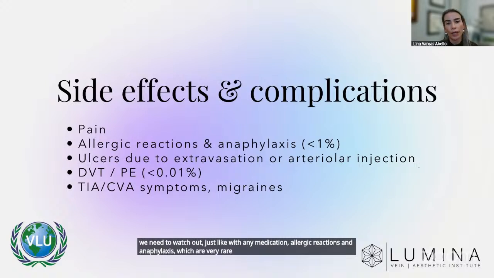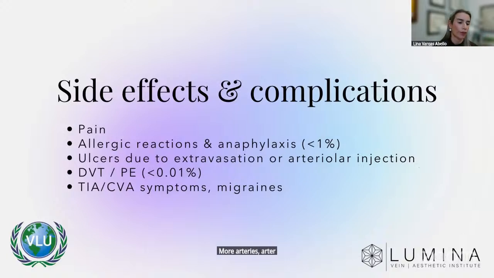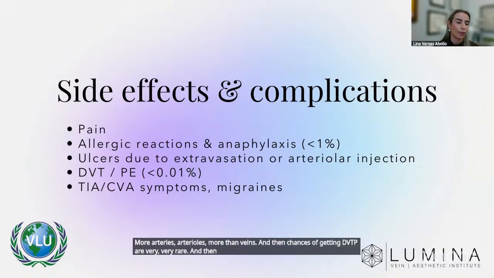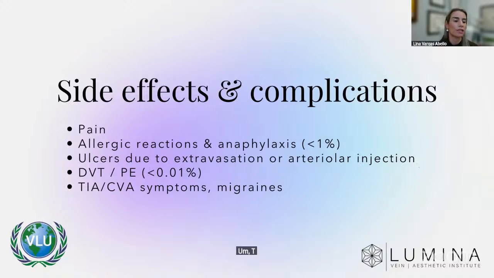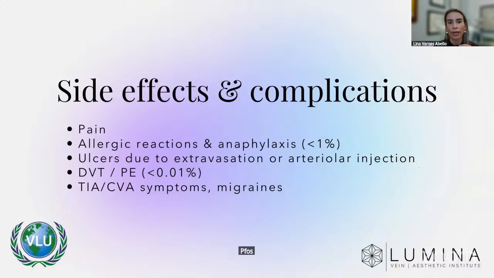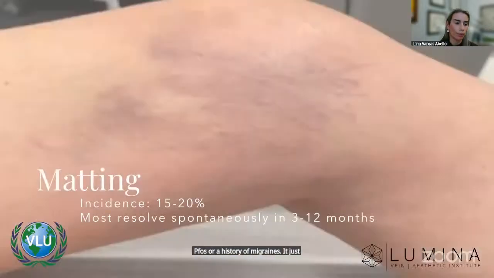You can definitely create ulcers if there is extravasation, which is rare, more with intra-arterial injection of arteries and arterioles than veins. Chances of getting DVT are very, very rare. And then, as we know, there can be TIA-like symptoms, CVA-like symptoms, and potentially migraines, especially in those who have PFOs or a history of migraines. It just seems to be more likely in them.